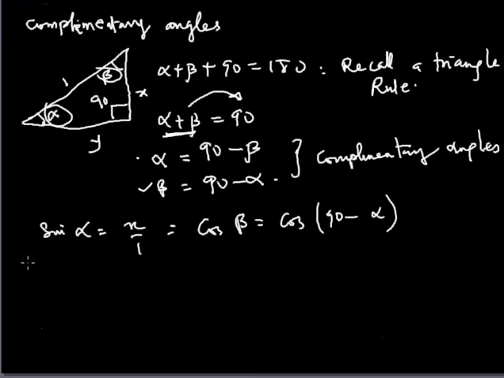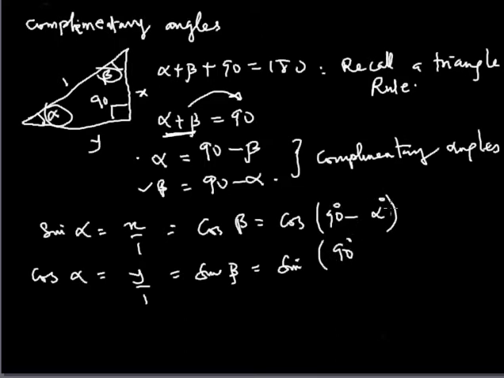Now the same thing applies to cos alpha, which is the same thing as y over 1, is equals to sine beta, is equals to sine 90 degrees minus alpha. The cosine means sine of the complementary angles.